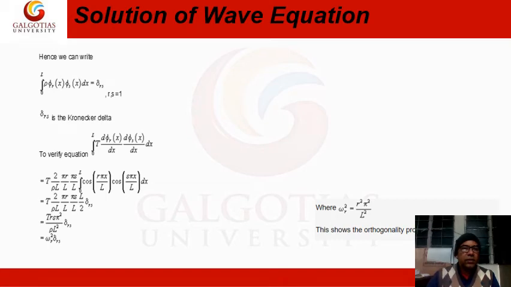Hence we can write this integral as delta rs, where delta rs is the Kronecker delta function, and we verify this equation, and with that we get omega r squared delta rs, where omega r squared equals r squared pi squared by L squared. This shows the orthogonality property.